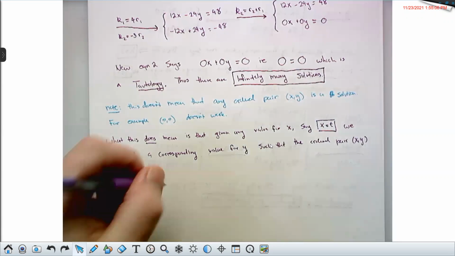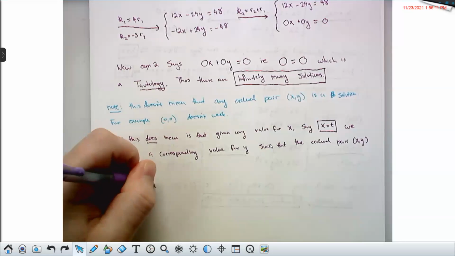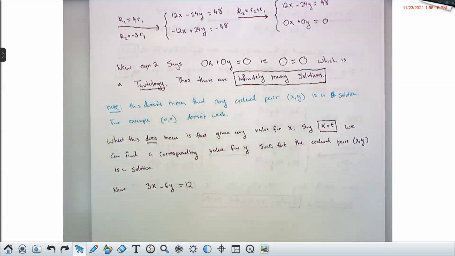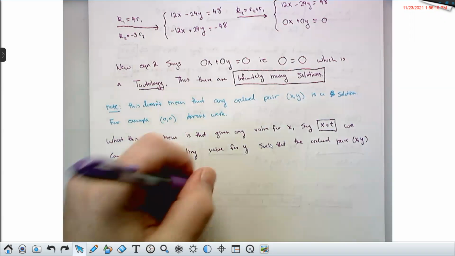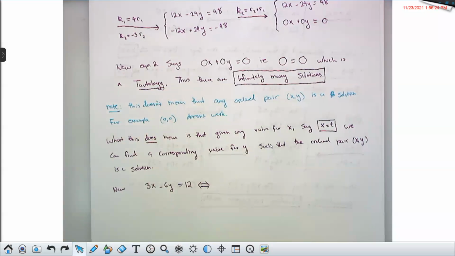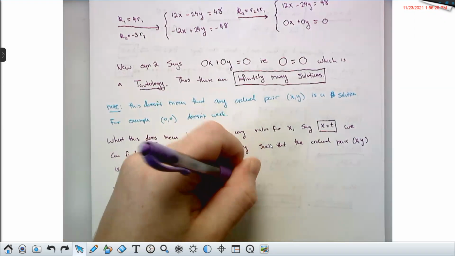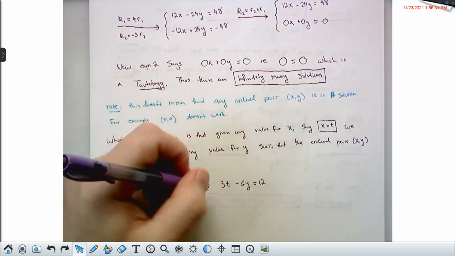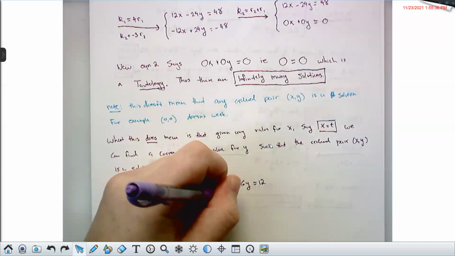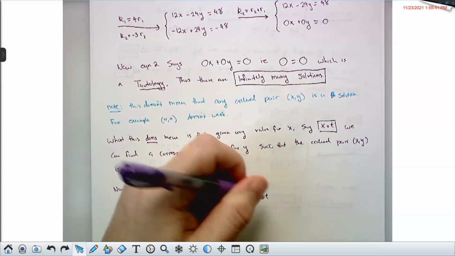So let me take 3x minus 6y equals 12. If I plug in t for x, I know I should be able to find a corresponding y value. So 3t minus 6y equals 12. Let's subtract the 3t over. I get negative 6y equals 12 minus 3t.